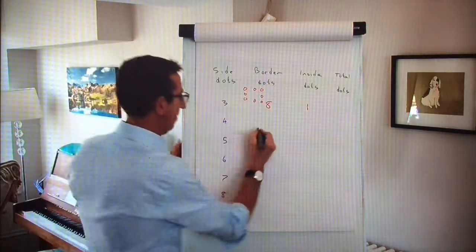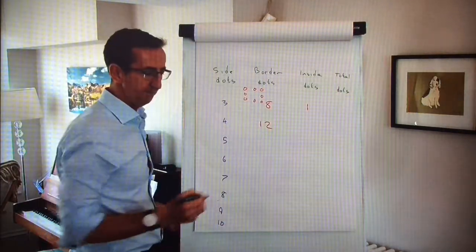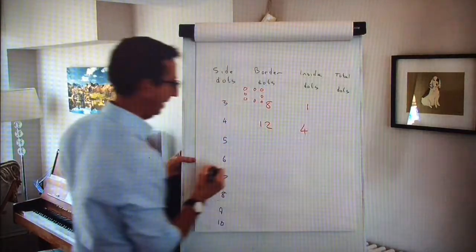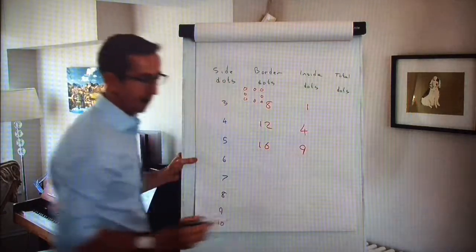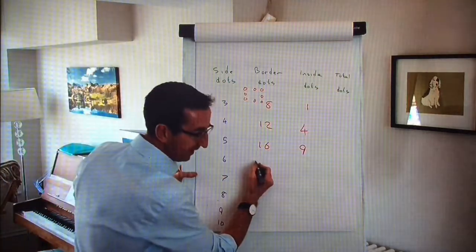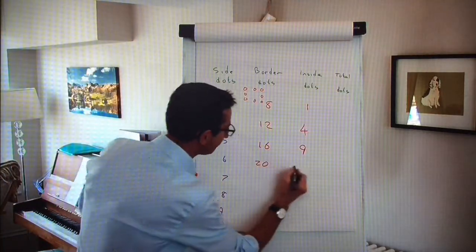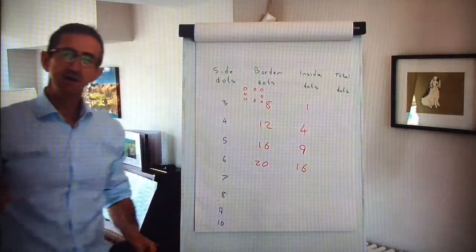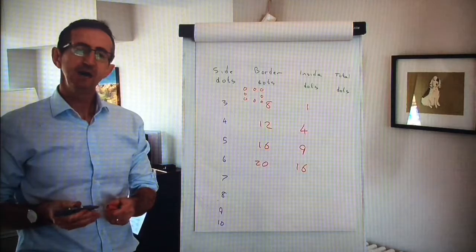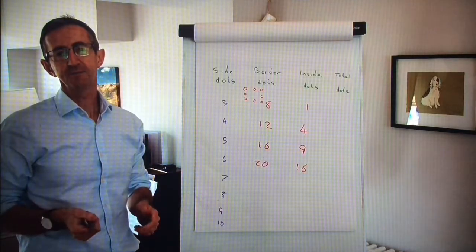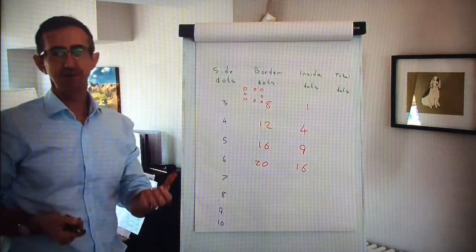When it was 4, it was 12 and 4. When it was 5, it was 16 and 9. When it was 6, it was 20 and 16. And what I would encourage the pupils to do as they're writing their results in is to start looking for patterns and to start expressing patterns.